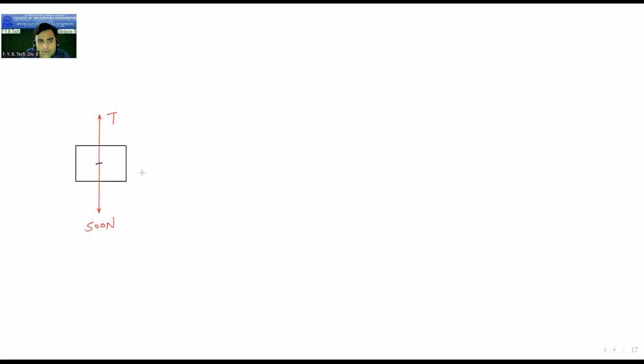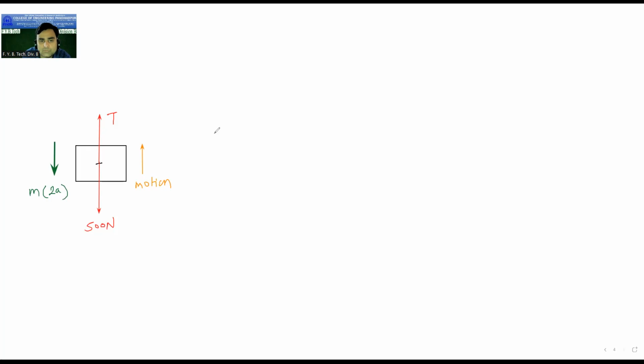Upward or downward? Upward motion. 500 Newton motion upward. Then the inertia force will be downward. This is the direction of inertia force. It is M into 2A, because the acceleration of first block is A, then the acceleration of second block is 2A.